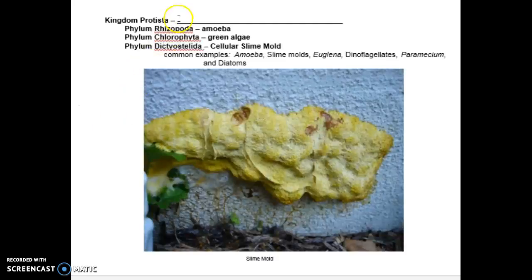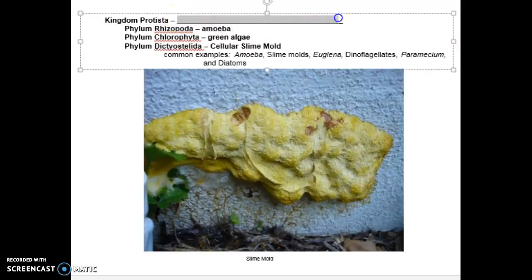Okay, Kingdom Protista. I'm just going to call these guys a mixed bag of organisms. They basically don't fit in plants, animals, or fungi.